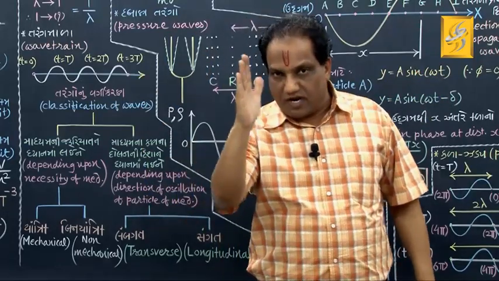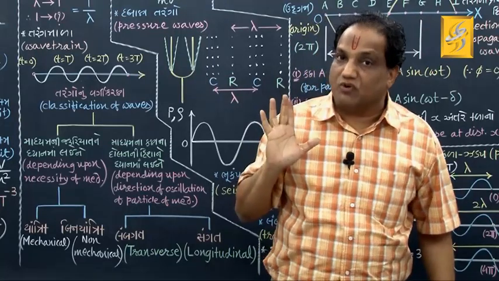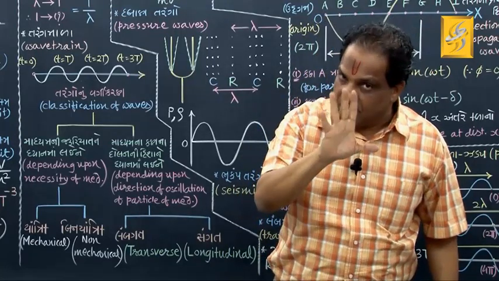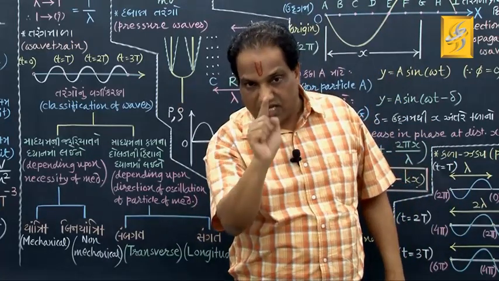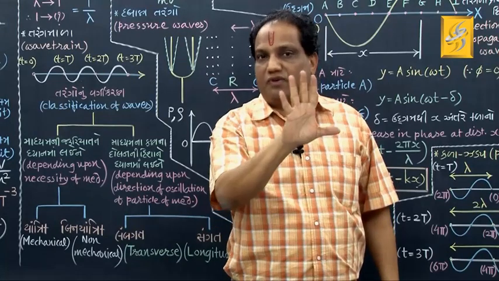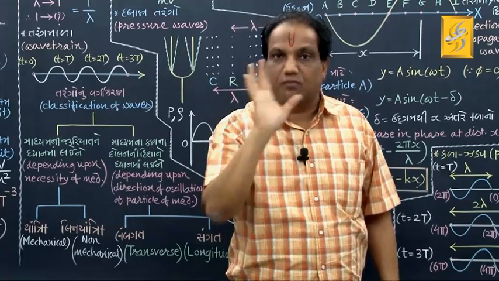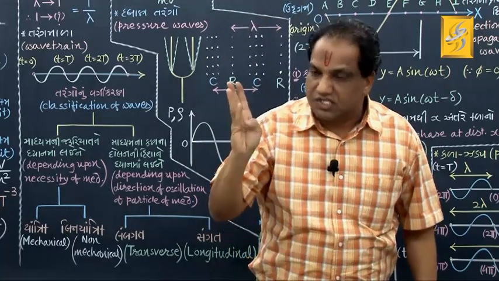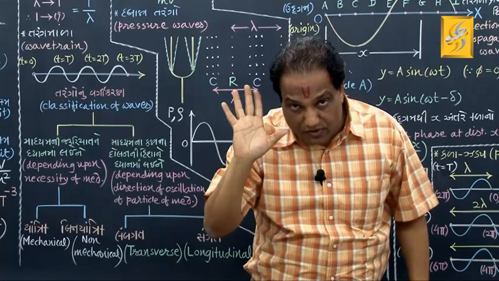When sound waves propagate through the air medium, the air particles take part in the propagation of the wave, correct? So they are mechanical waves. You can say string waves, because during the propagation the particles of the string take part in the process. Then water waves. At that time also the particles of the water medium take part in the process of propagation, correct? Sound waves, string waves, water waves, they are all mechanical waves.